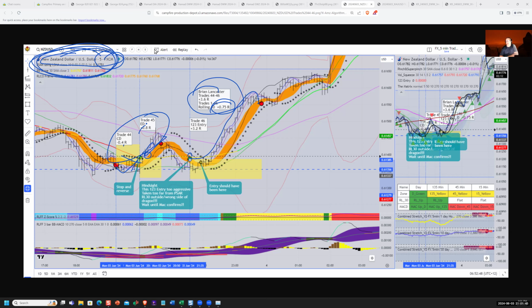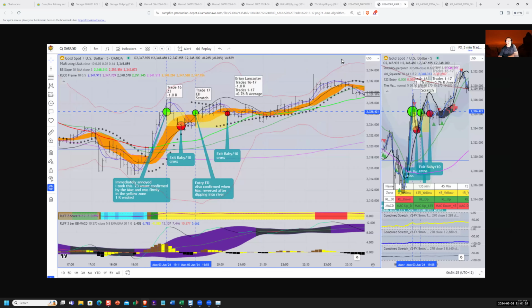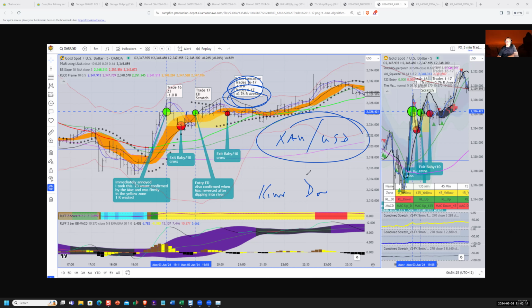That'll work. And the spot gold versus the US dollar was a 1 hour loss today, but he's also got 0.76 rolling average R. So what he's got here is nice because he's got the gold US dollar pair, and he's also got the Kiwi dollar pair.